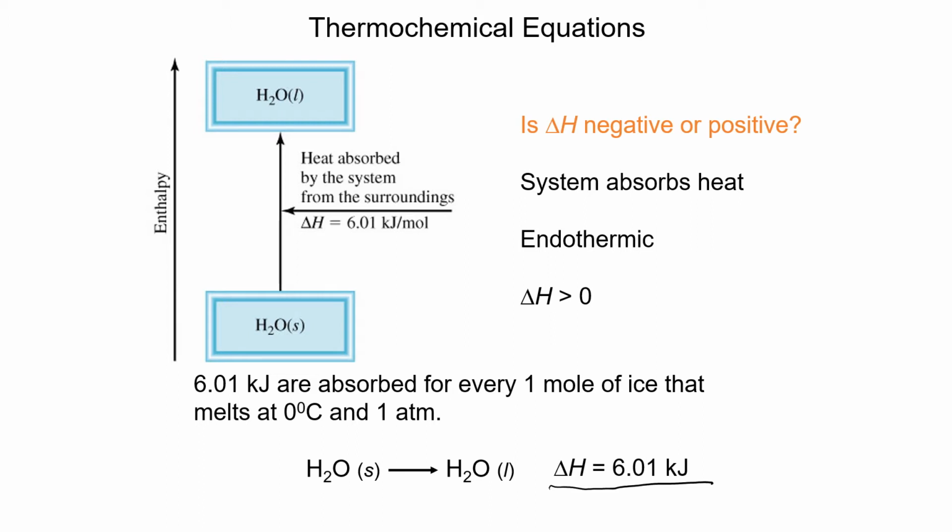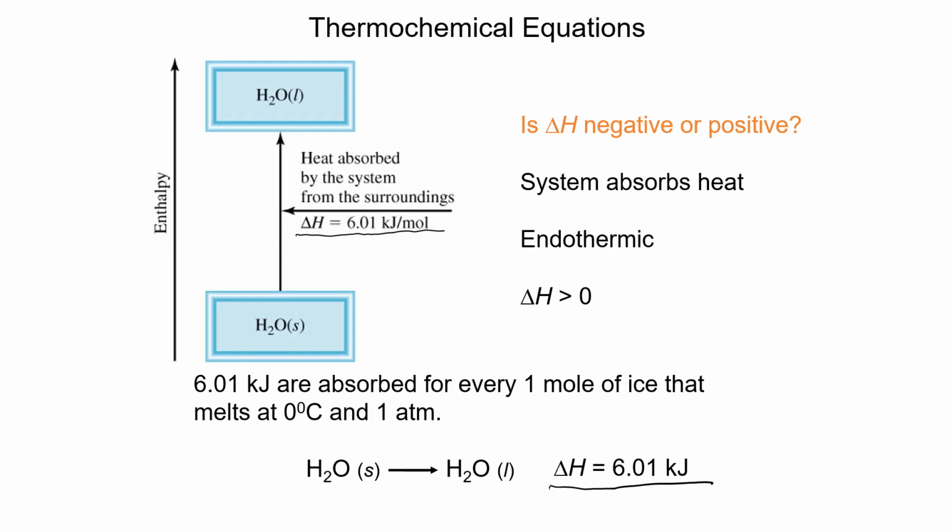Remember, if we are absorbing, Q is positive, and delta H is also positive. And those delta H's again are given in kilojoules per mole. So for every mole of ice that melts at its melting point, which is 0 degrees Celsius in 1 atmosphere, 6.01 kilojoules are absorbed by that solid ice.